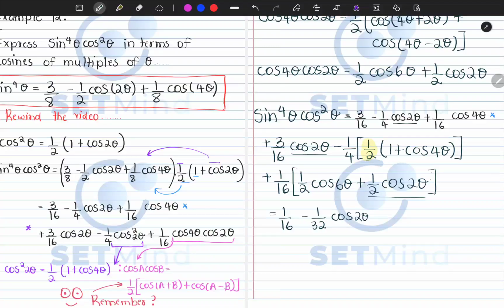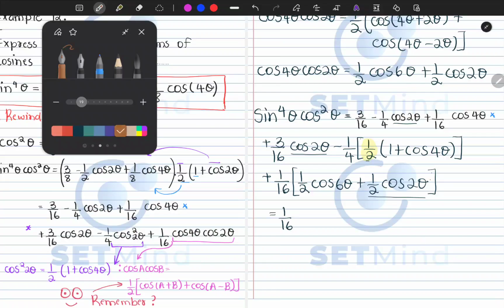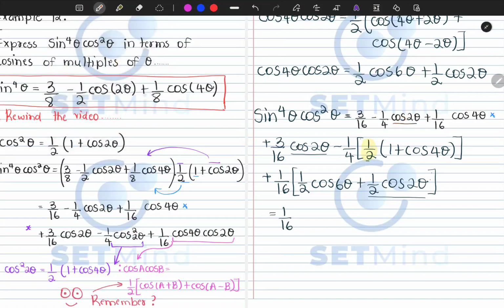And then we have a 4 theta, where is it? Let me think carefully. Let's quickly rectify this. Let's look at the two cos 2 theta terms. So this here will be negative 4 over 16. This here is 3 over 16, so we're left with negative 1 over 16.